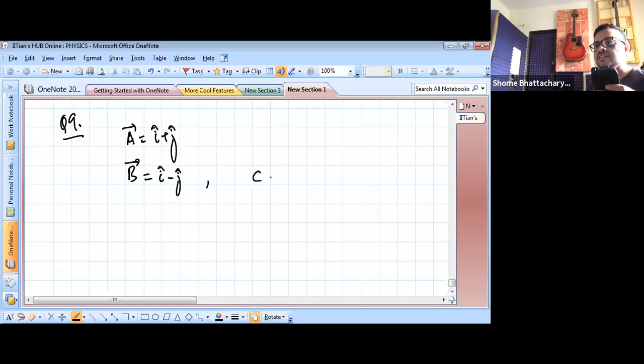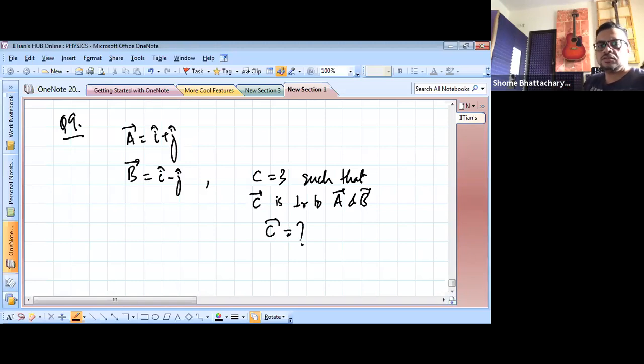And a third vector C, which has a magnitude of 2 such that the vector C is perpendicular to both A and B. So we have to find this third vector C. Let's try this out.